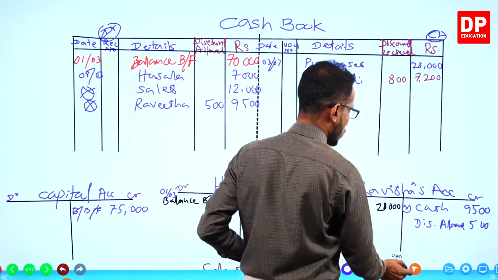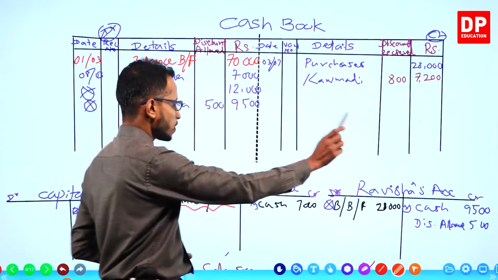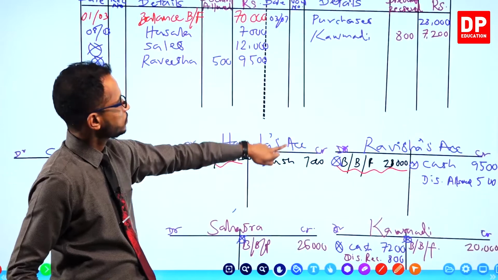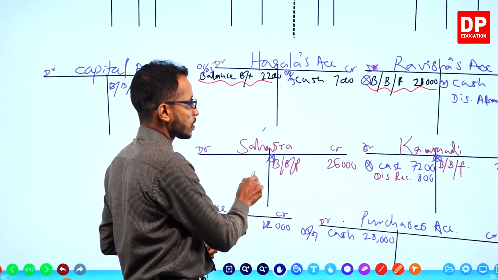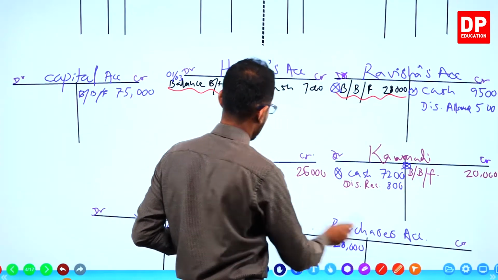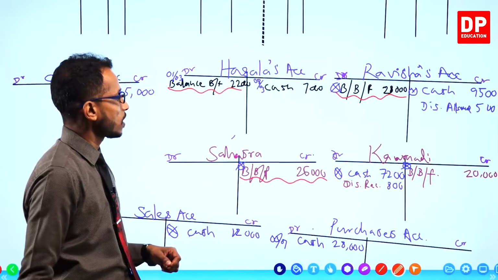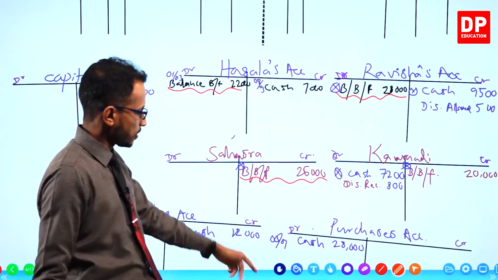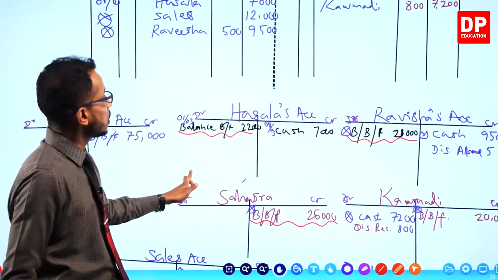With the recording part, recording the opening balances, we recorded the transactions too, both in the cash book and in the other relevant ledger accounts.